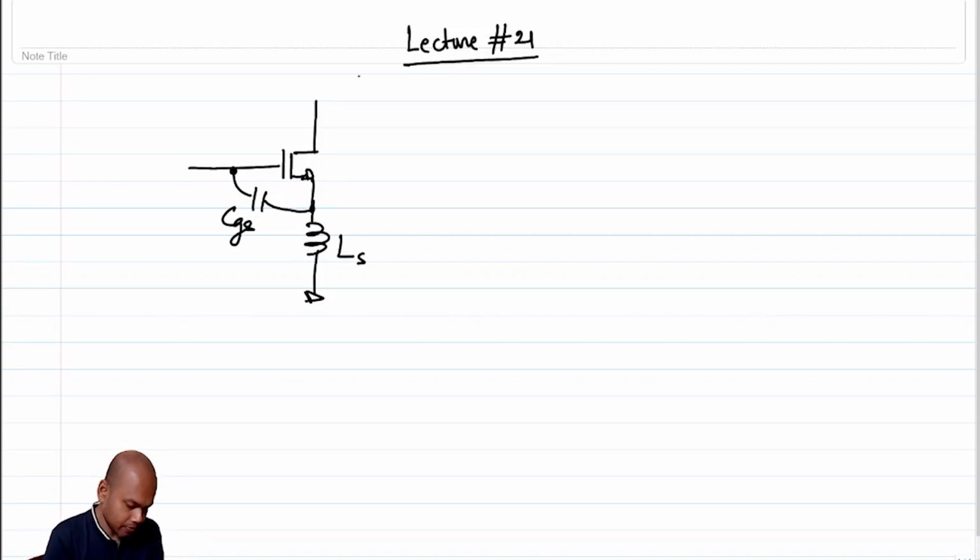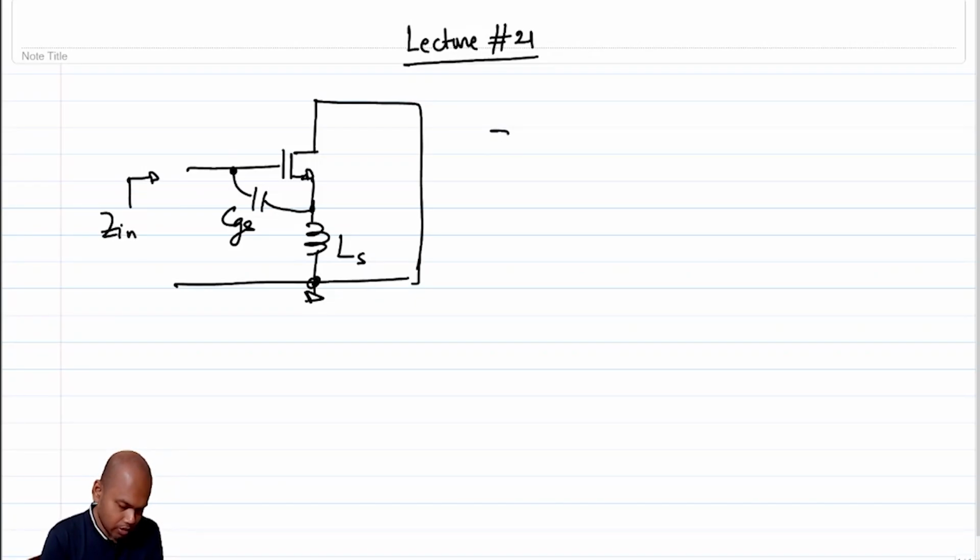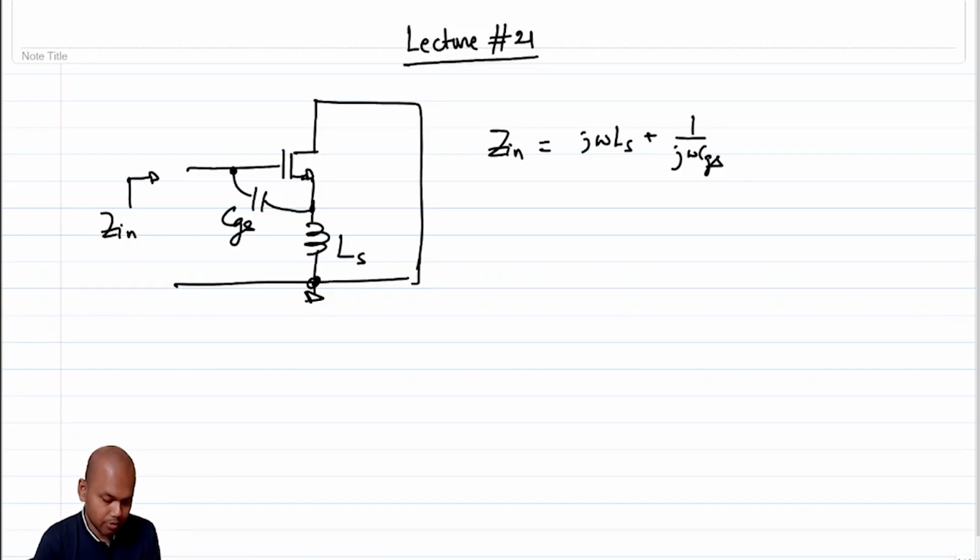And we saw that for this configuration, the effective impedance Zin was j omega Ls, that is the source impedance, then 1 by j omega CGS, that is the impedance provided by the capacitor. It's no surprise that the CGS and Ls are effectively in series, so they should also appear as is. But there is an interesting extra term. That term was essentially omega t times Ls.